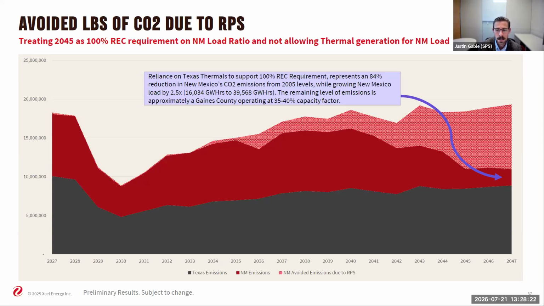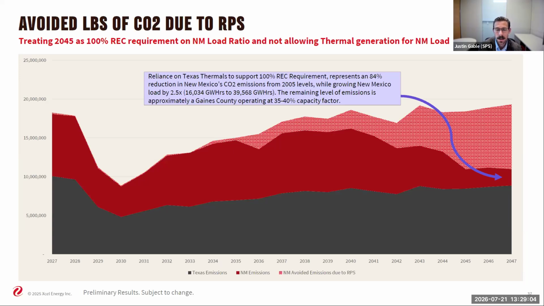And by removing the New Mexico thermal resources from the base emerging tech and only allowing future resource development to be non-carbon emitting, the approach, if it was not a pool of resources across a multi-jurisdictional system, would get you to carbon zero. All resources that are being added when we add the carbon constraint are carbon free. So all incremental resources to serve New Mexico load are carbon zero in the scenario.